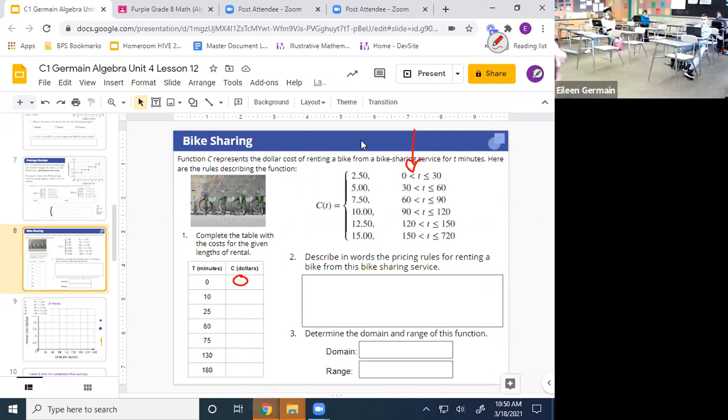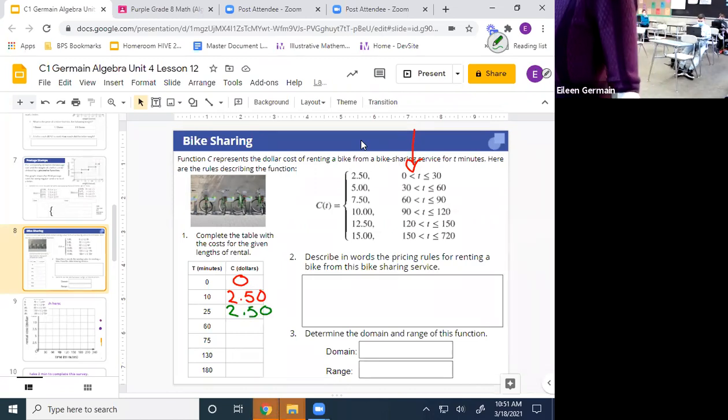Good. 10 minutes. How much is 10 minutes going to cost me? Kyle? $2.50. Very good. How much is 25 minutes going to cost me? Gwen? 250. Gabe, how much is 60 minutes going to cost us?